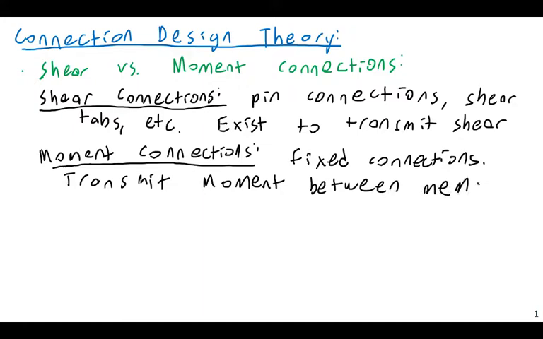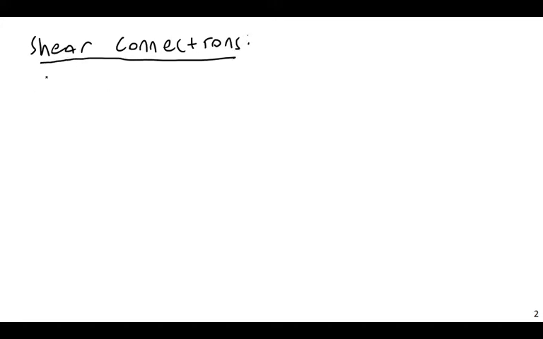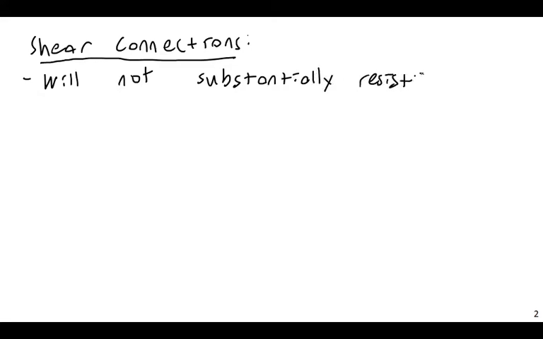But what does this actually mean? This is going to be a bit of a review from structural analysis. Fundamentally, shear connections will not substantially resist rotation at their ends, meaning member end rotation.